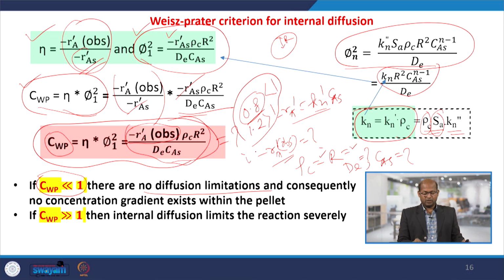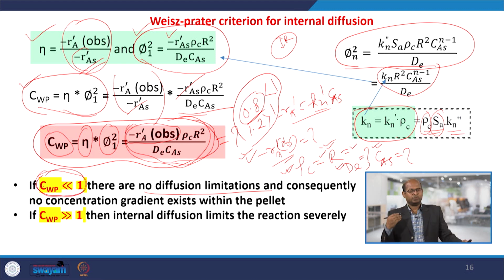We have the observed rate, density of the particles, radius of the particle, effective diffusivity and surface concentration of the reactants, so instead of finding eta and phi, we can easily find the Weisz-Prater parameter C_WP. If it is less than 1, there is no internal diffusion and no concentration gradient within the catalyst pellets.